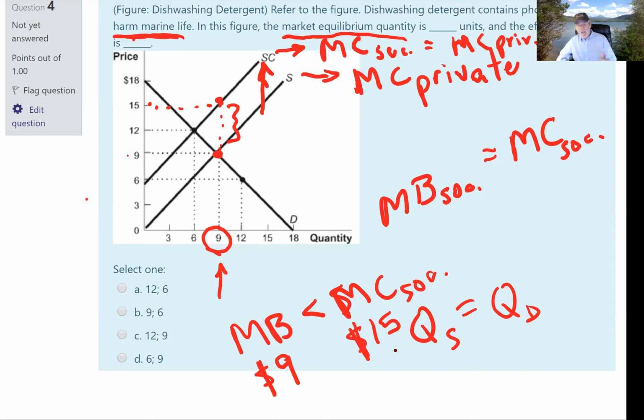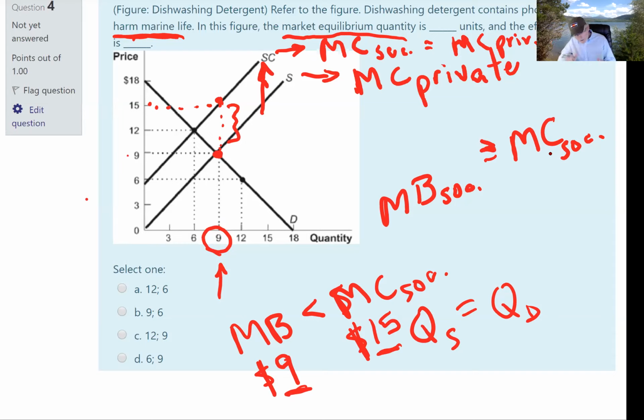Does it make any sense from an efficiency standpoint to produce a unit that's worth $9 at a cost of $15? That's inefficient. We don't want to produce that unit. We want to cut back and only produce those units that have a marginal benefit to society that is greater than or equal to the marginal cost to society.